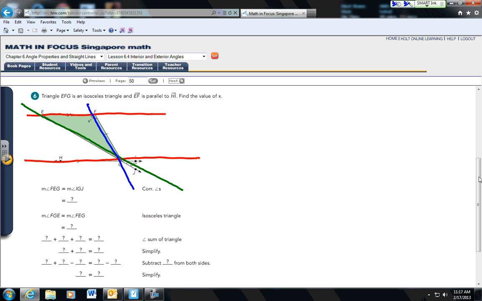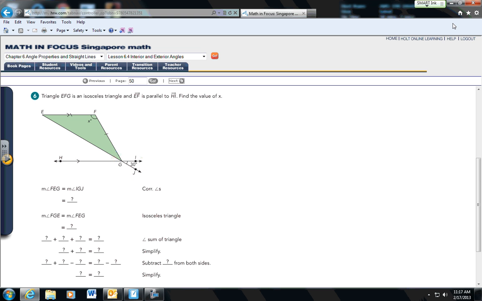So we have special relationships that are formed by those angles that you'll remember from 6.3: interior and exterior, corresponding, alternate interior, alternate exterior, and corresponding angles. But let's see what we've got here with this drawing.